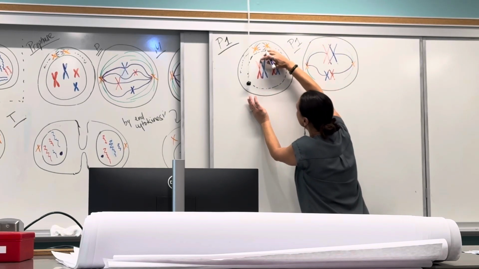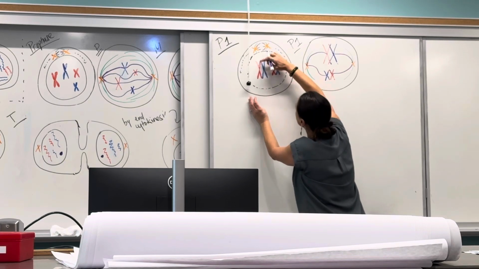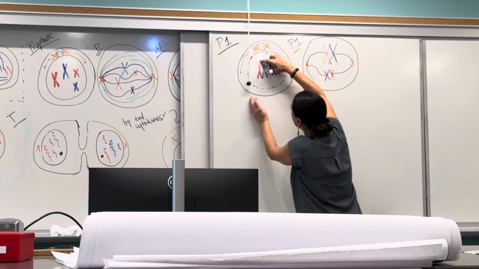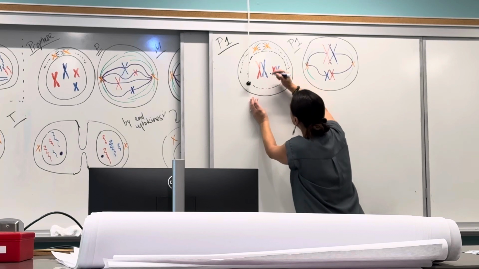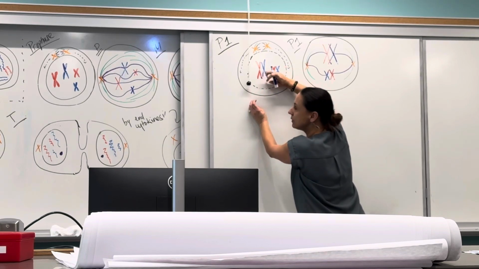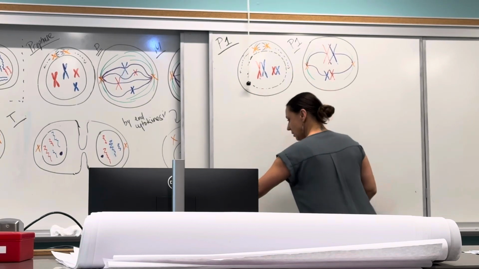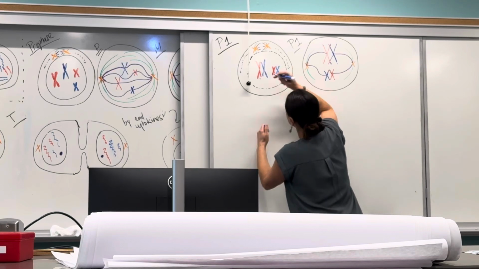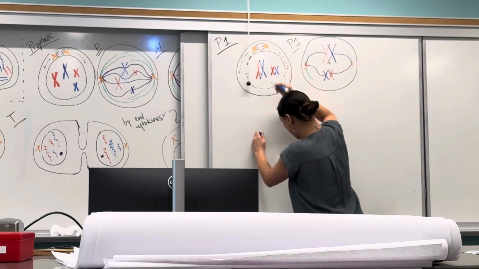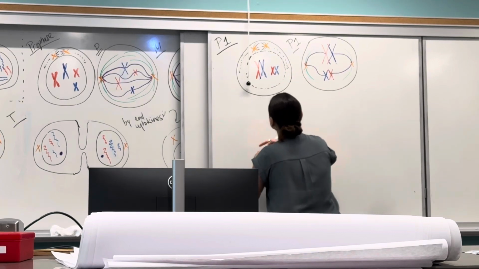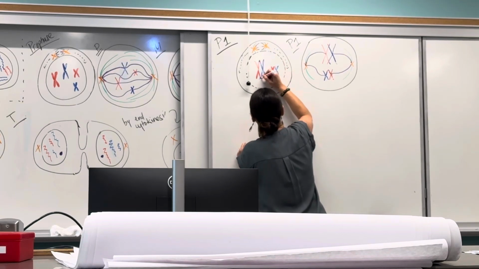Maybe I'll do some recombination here. Homologous recombination is happening. I want to be consistent, so here. So here's homologous recombination, the swapping of genetic information between these homologous pairs.